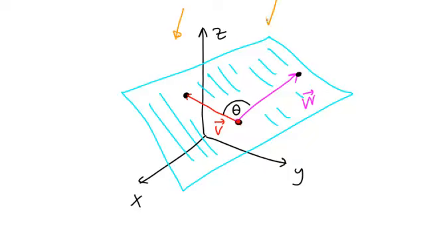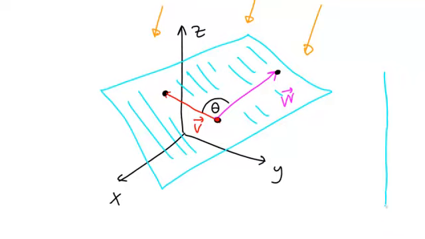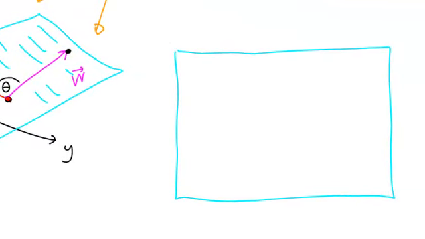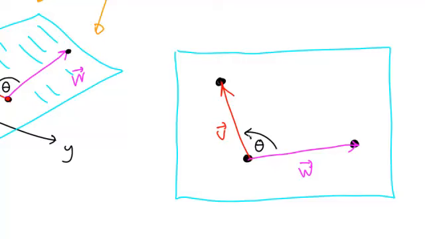Let's take a top-down view of this plane, so that when I look at it, I don't see any sort of scaling. I just see a flat rectangular plane, and I see the common vertex point. There's the tip of w, and say here's the tip of v. The vector v is pointing this way. The vector w is pointing this way. And there's this unknown angle that we're trying to figure out right here.